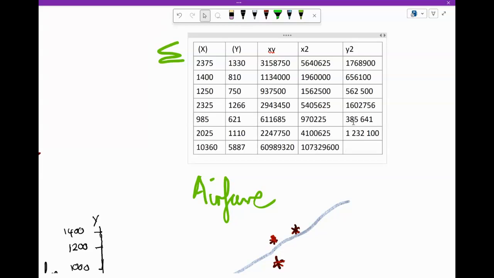And what are we getting here as our total? Anybody got the total on the y squared? 3, 4, 6, 5, 6, 7, 6, 9. Okay.